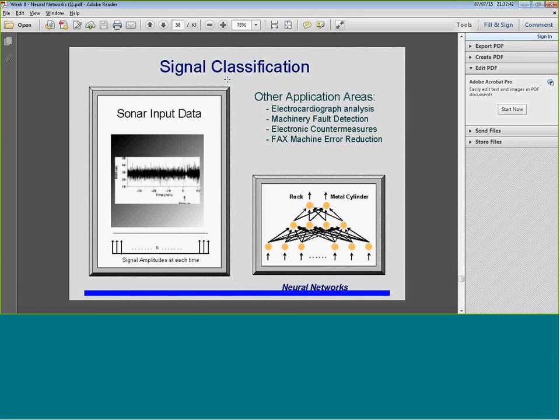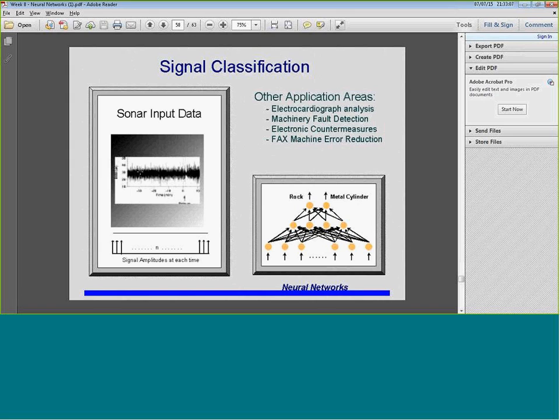For example, sonar. The Navy actually uses neural networks instead of humans to read their sonar. Here comes a sonar reading across the screen, and the amplitudes of this are what get fed into the neural network, and it's trying to predict whether that's a rock, a fish, or a metal cylinder. Metal cylinders are bad because those are depth charges, and bombs, and stuff like that.